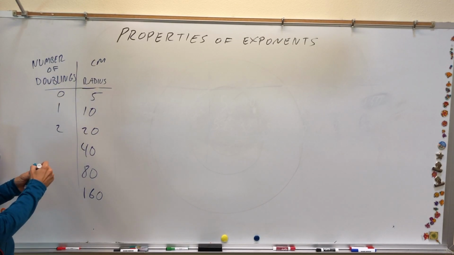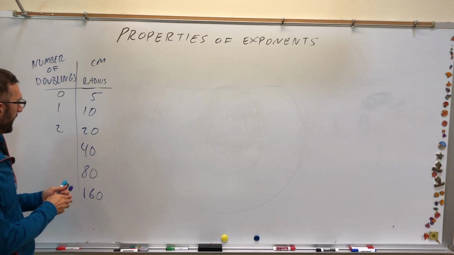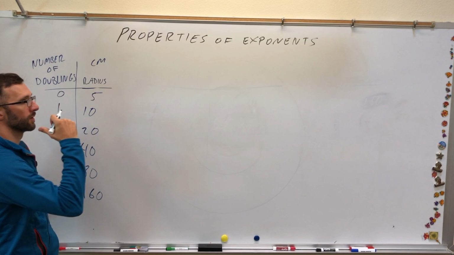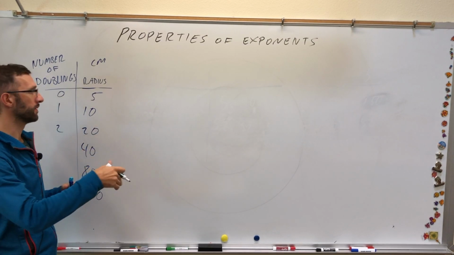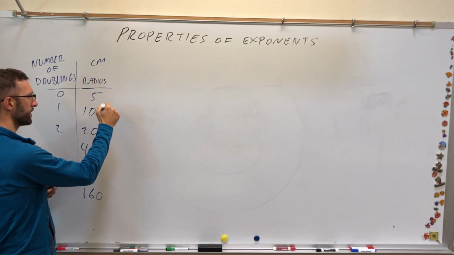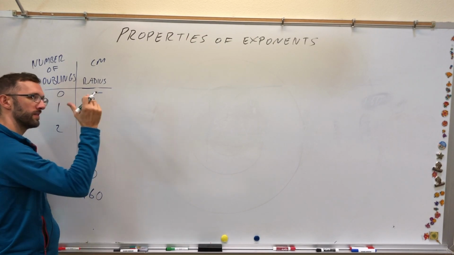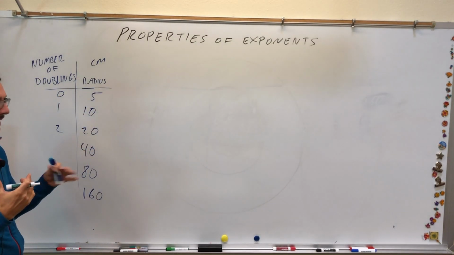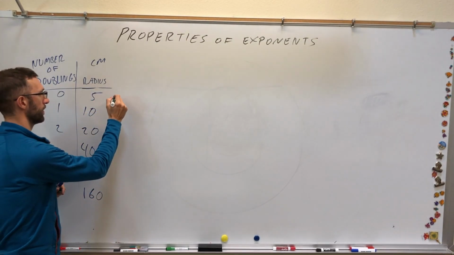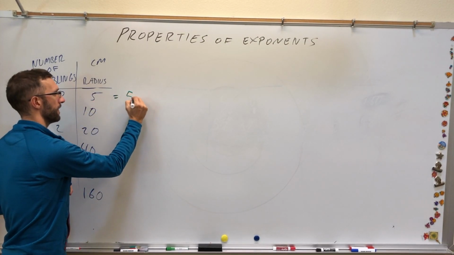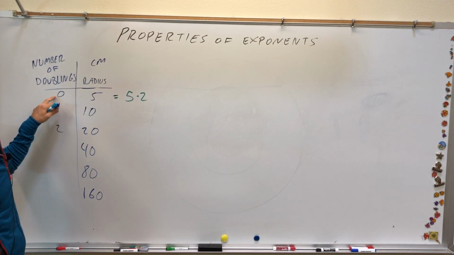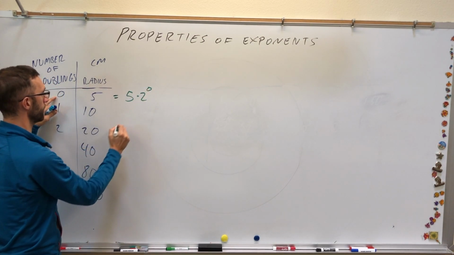I might pause right there and break this down. Doublings means we're going times 2. 5 times 2 to get to here. But we're using exponents, so we need to keep track of that 2 even when we're starting out. So we could say 5 times 2 to the number of doublings, which in this case is 0.